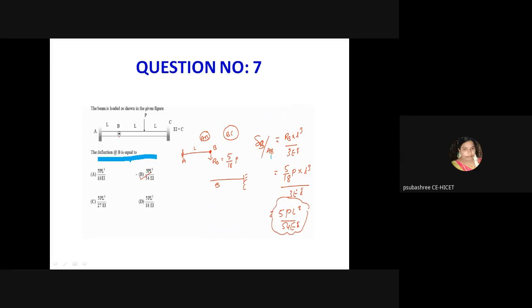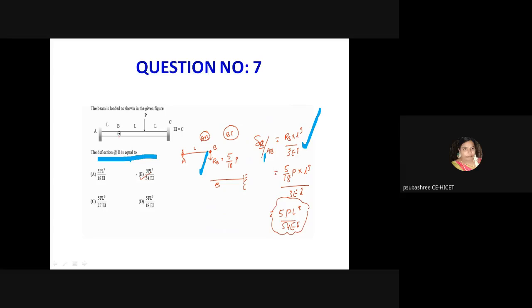So the beam is divided into two separate portions, but we already calculated RB equal to 5 divided by 18 P. Then the formula delta B, the deflection of AB, is equal to RB L cube divided by 3EI.